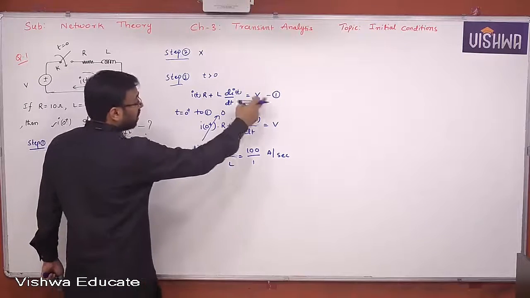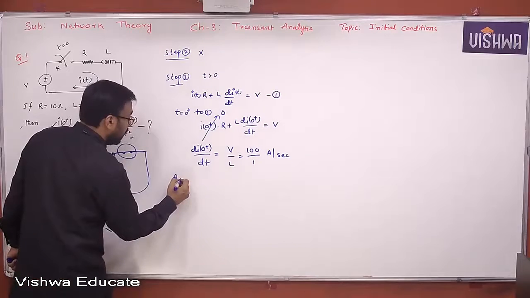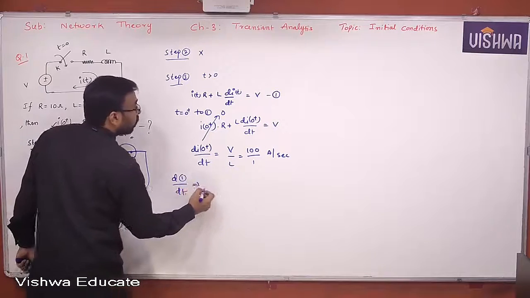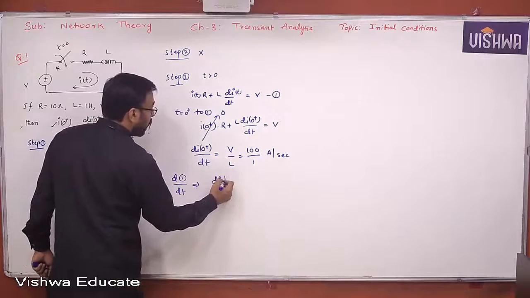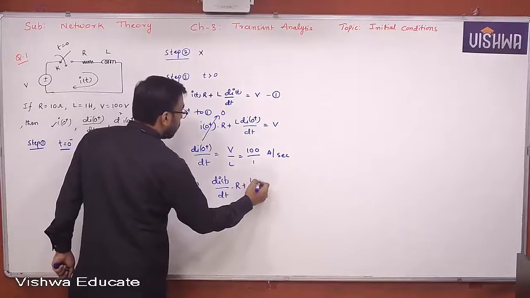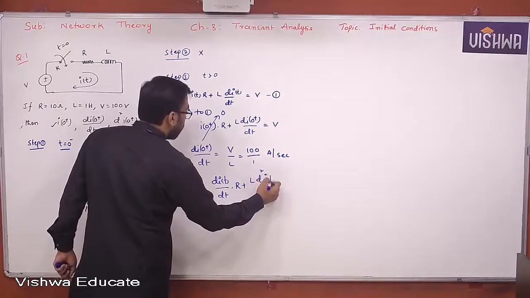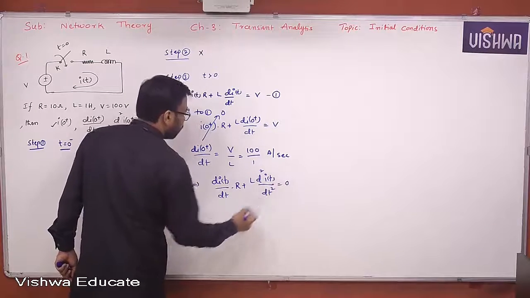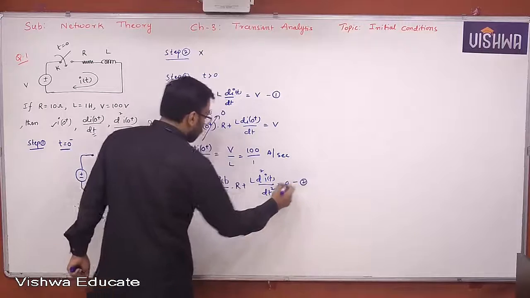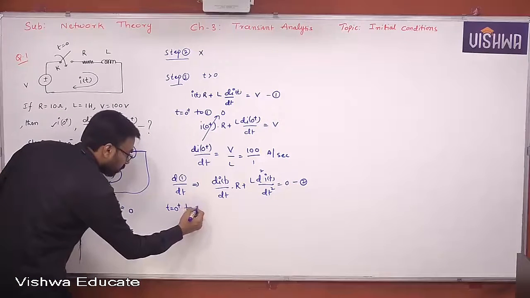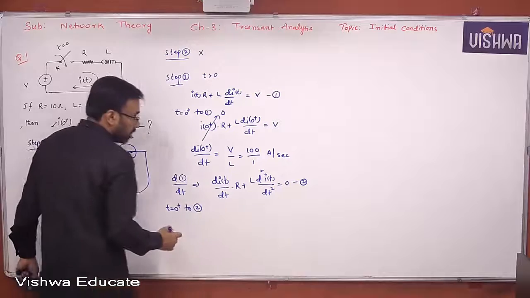You differentiate equation 1. D of equation 1 by dt will give you R into di of t by dt plus L d square I of t by dt square is equal to 0. Call this equation 2. Now apply t equal to 0 plus conditions to equation 2. So what do you get here?